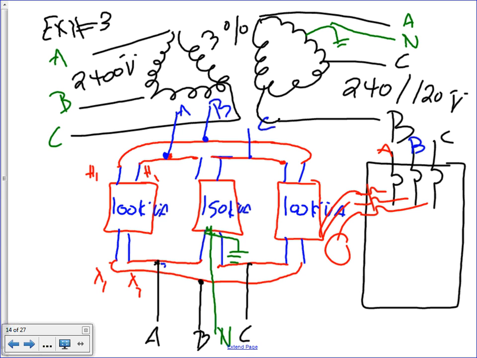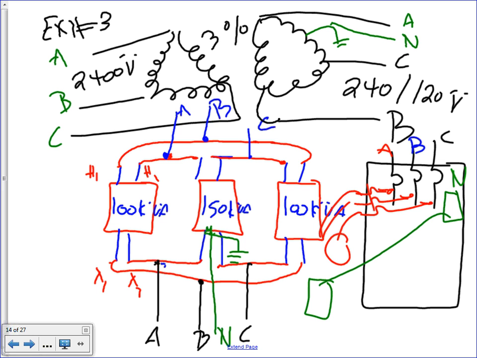Okay, makes sense? One from every phase, right? Piece of cake, one from every phase. That's a three-phase pump. Suppose I have a single-phase load. Here's my neutral. Suppose I have a receptacle here, so I need a neutral. What do you do for the receptacle?